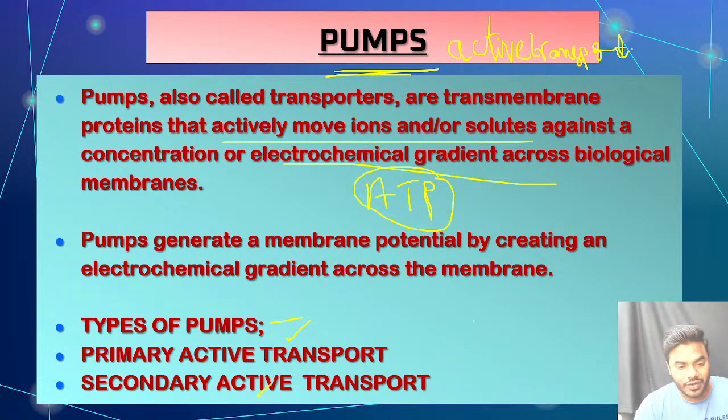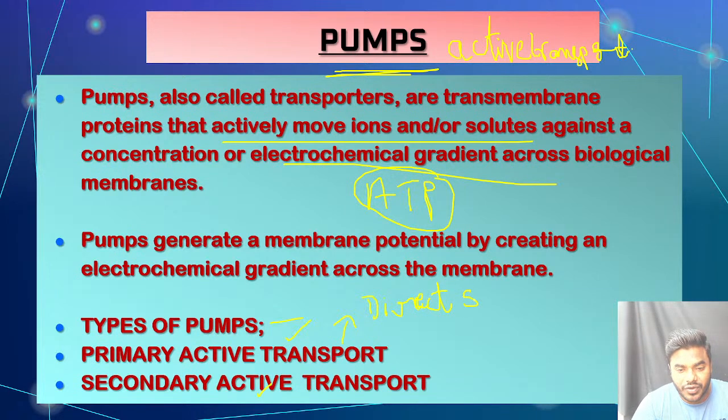Friends, don't get confused between primary active and secondary active. One point is very clear: active transport means using energy, that is for sure. But primary active transport means using the energy from direct sources.